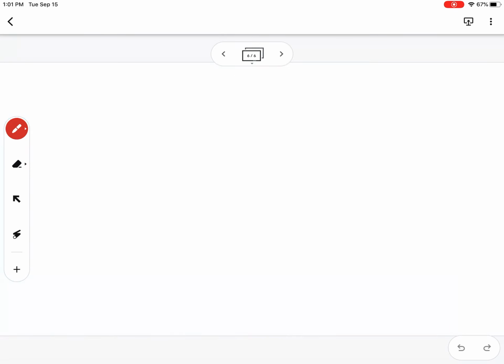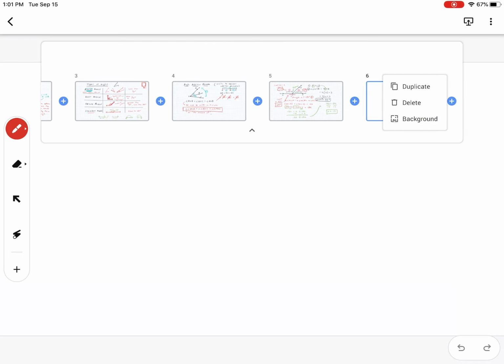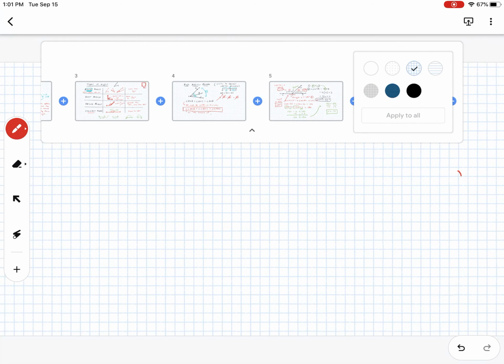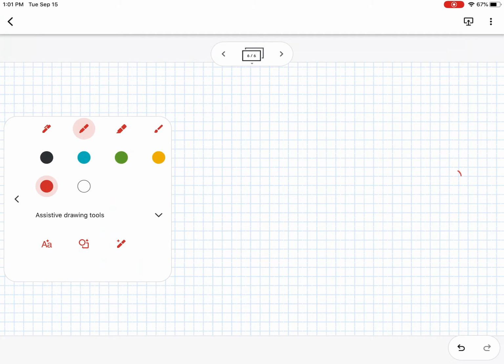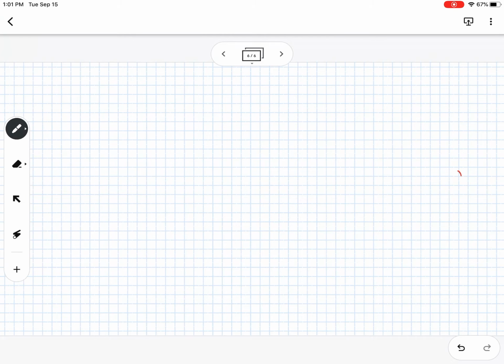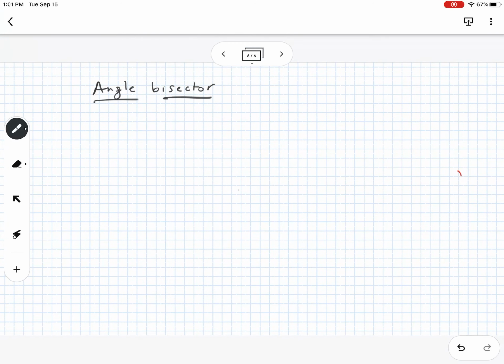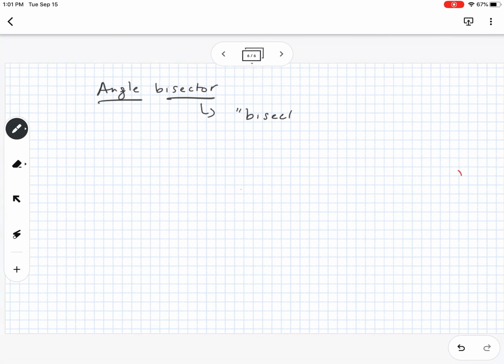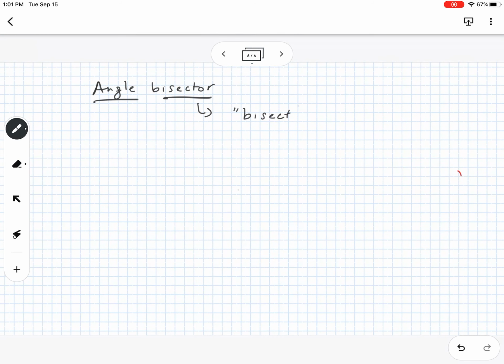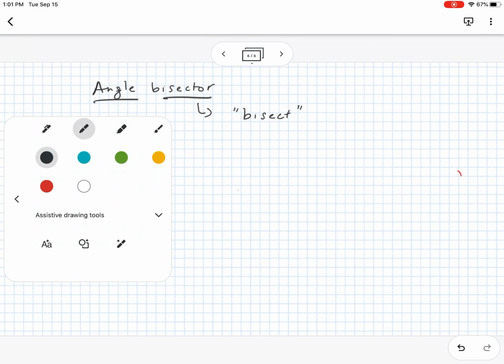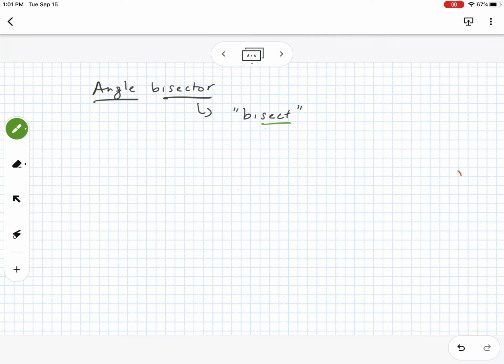All right, and then just the last thing real quickly that I wanted to add to these notes is this new term that we're going to introduce called a bisector. Okay, and more specifically, we're going to call it an angle bisector. So one thing you're going to see a lot is this verb, bisect. If you know root words a little bit, sect means to cut, and bi means two.